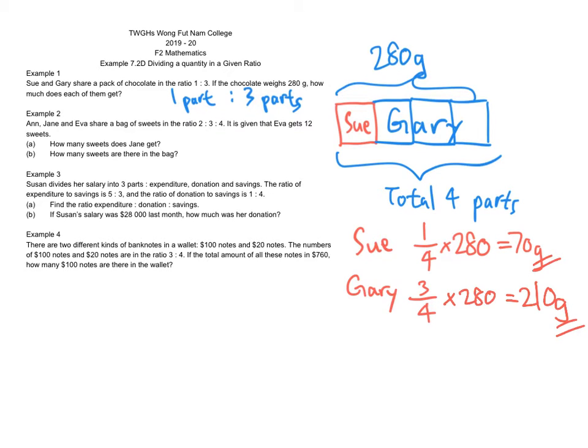So I hope you understand the meaning of the fraction: the fraction of the total chocolate that Sue has, the fraction of the total chocolate that Gary has. This helps us find the weights that each of them has.